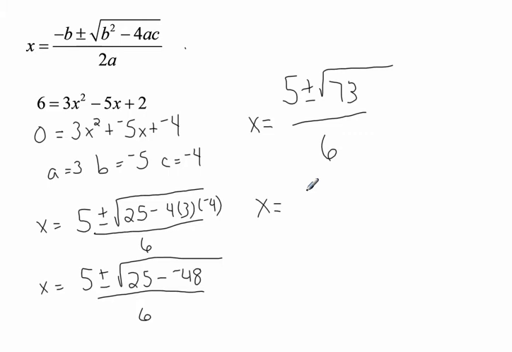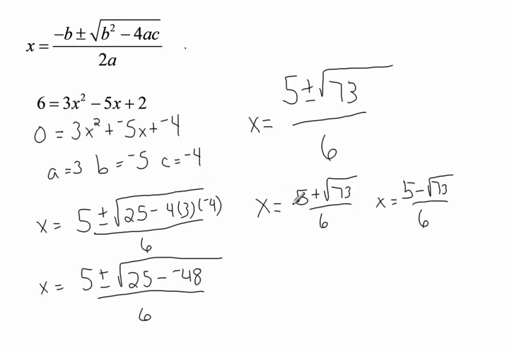X could be 5 plus the square root of 73 over 6, or x could be 5 minus the square root of 73 over 6. Not very nice numbers, but you could certainly get a decimal approximation for them.